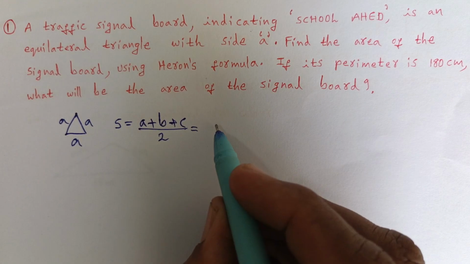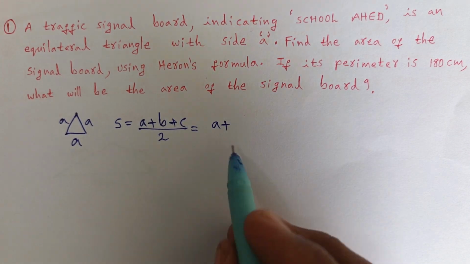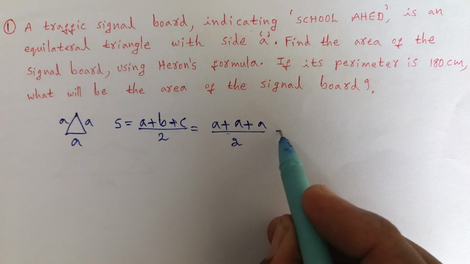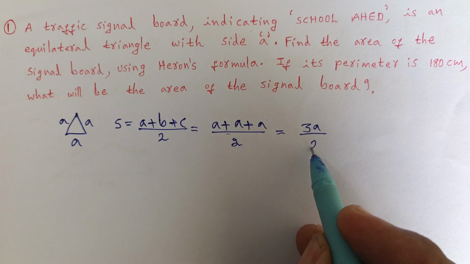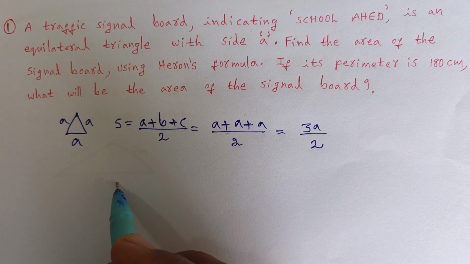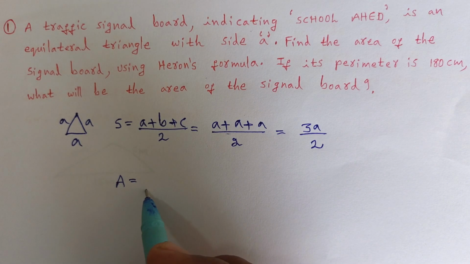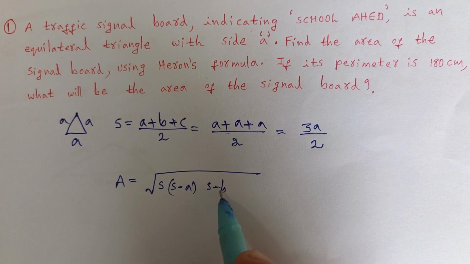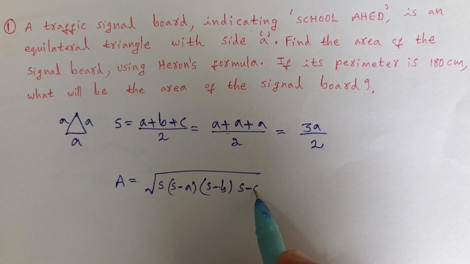Here all sides are equal, that's why a plus a plus a, whole divided by 2. So that is 3a by 2. Now this is the semi-perimeter. Now we have to take the area formula, which is generally s into s minus a into s minus b into s minus c.